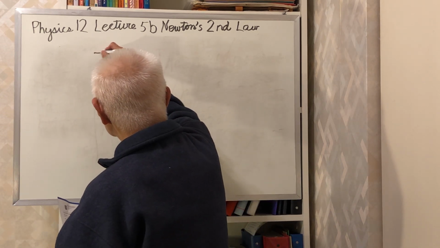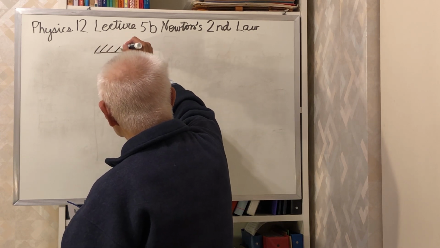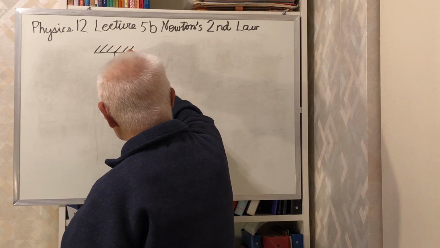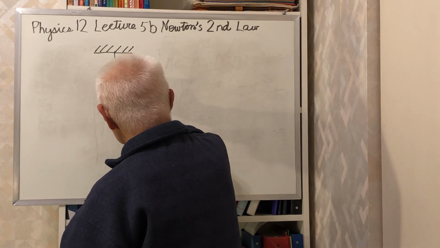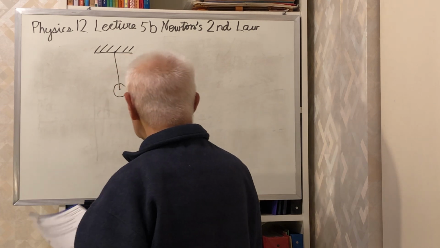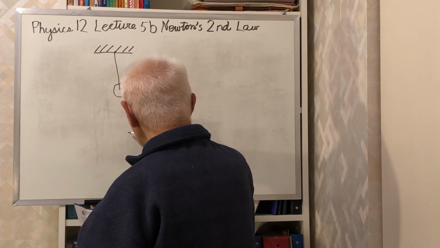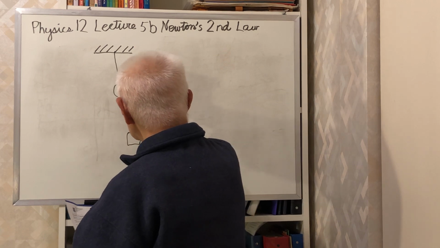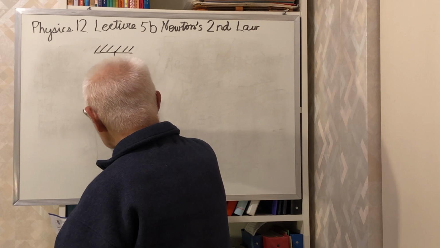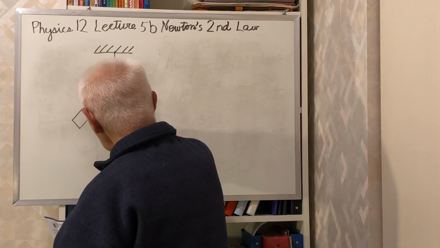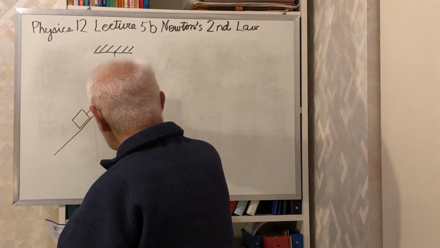So you have a ceiling, and this is a pulley. You still have this block hanging vertically, but on the other side, the block is not moving horizontally. The block is on an inclined plane.